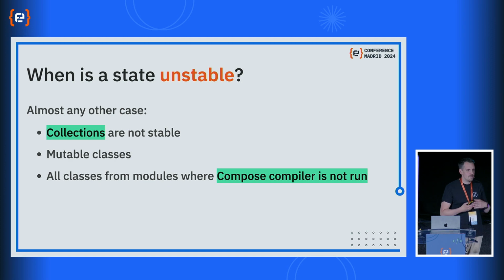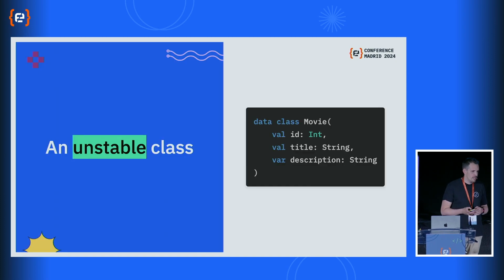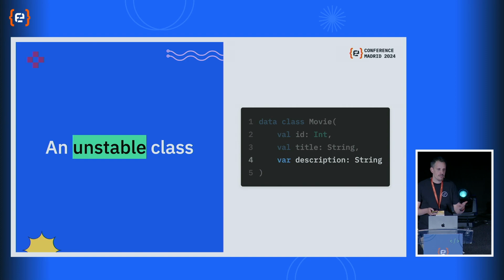So for instance, let's say that you have your, I don't know, entities or your domain module, and this domain contains all the entities of your project. Those entities will be all unstable. So for instance, an unstable class could be this one because of the description that is var instead of val.